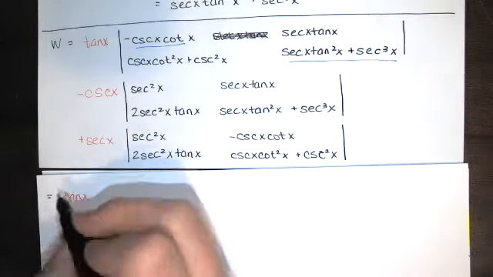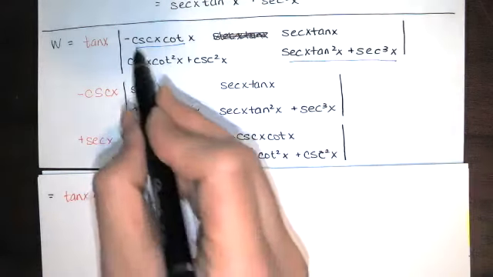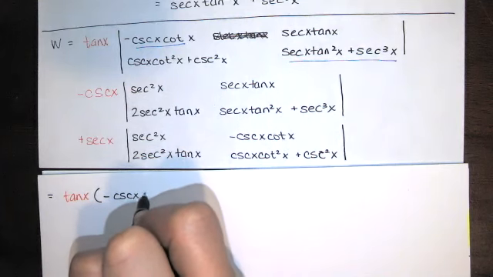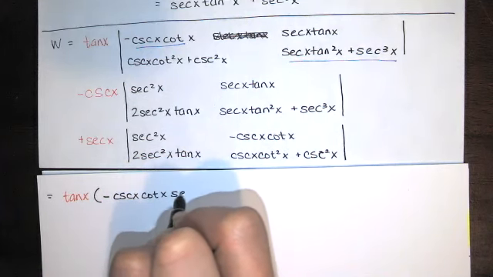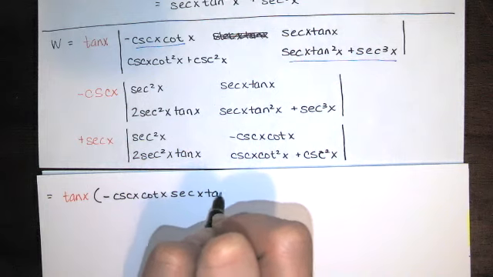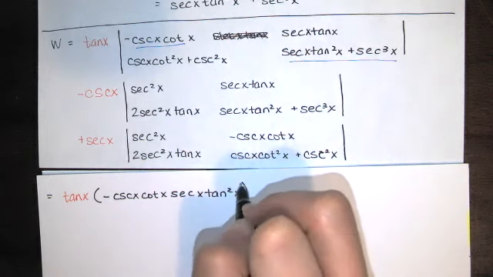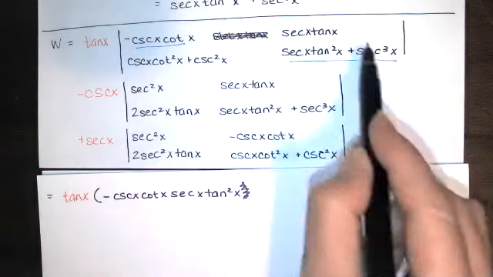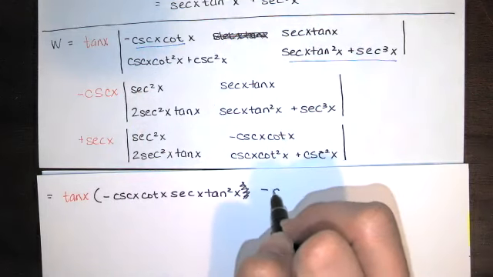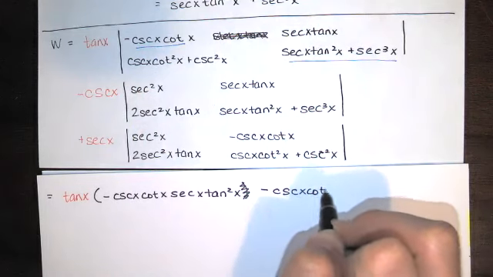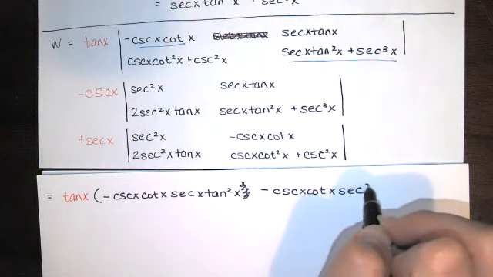So we're going to have tangent times negative cosecant of x, cotangent of x, times secant of x, times tangent squared x. Oops. And then we have this times that, minus cosecant of x, cotangent of x, times secant cubed x.